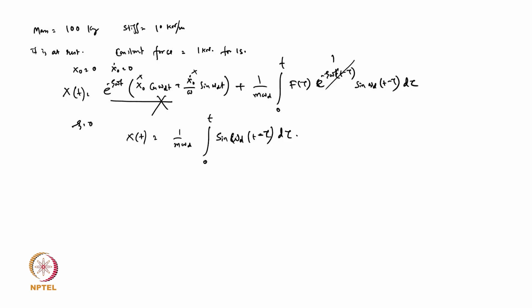If I put that f is constant, f0, you will get f0 divided by m omega d squared times cos omega d (t minus tau), from tau equal to 0 to t.